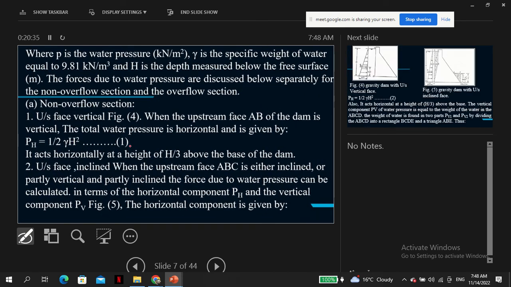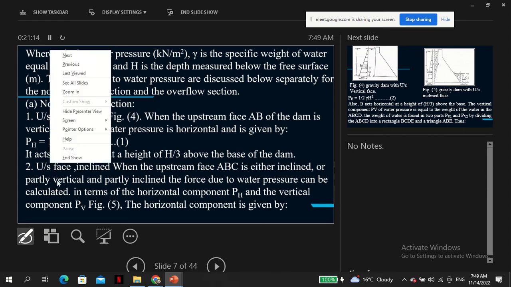So then that horizontal pressure is this, that's the force, and it acts horizontally at a height of h over 3 above the base of the dam. So this is on the upstream.